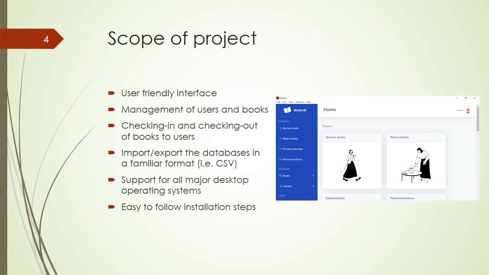And lastly, we have very easy to follow installation steps. We have scripts available within our GitHub repository with which you can build and run your own library management system easily.